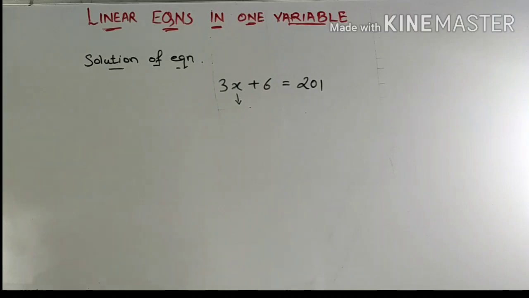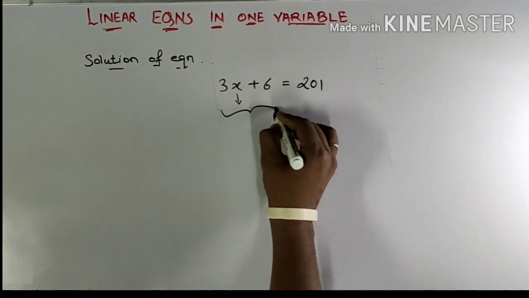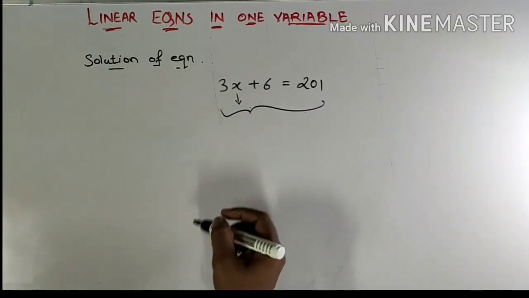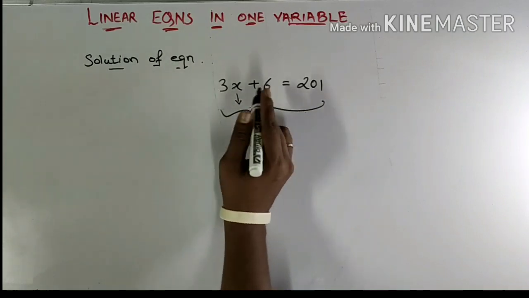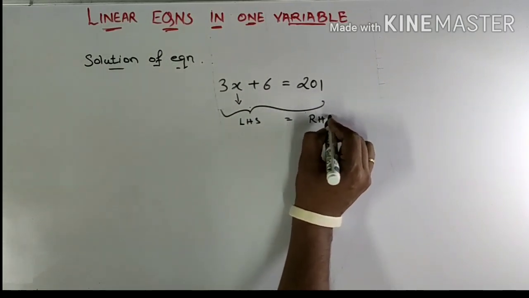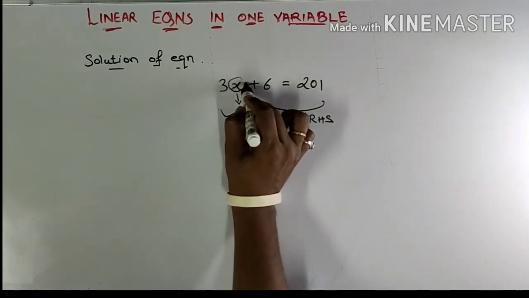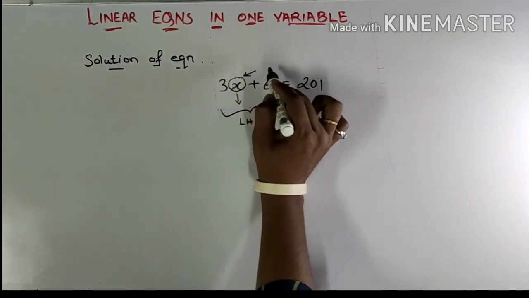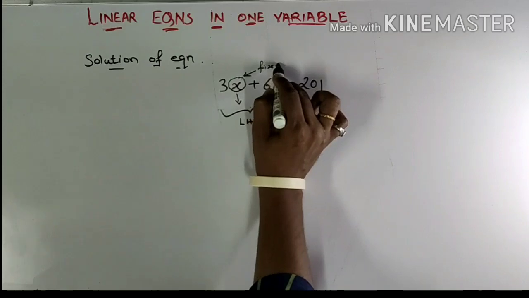But this equation, or this LHS, will be equal to RHS only when this variable has a fixed value.